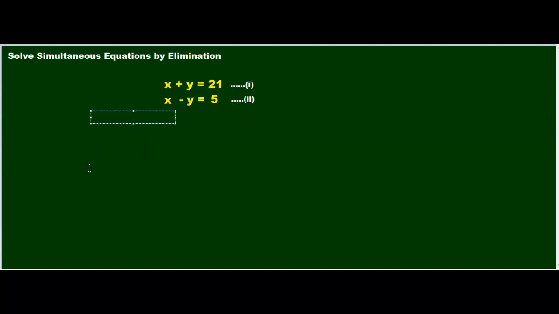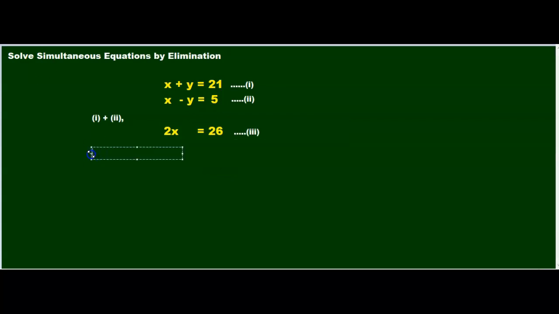So equation 1 plus equation 2: x plus x gives me 2x, and then y minus y gives me 0, equals 21 plus 5 gives me 26. I'm going to call that equation 3.